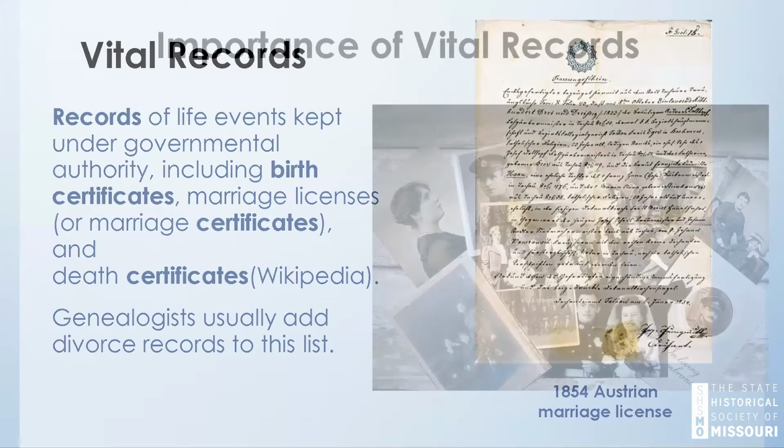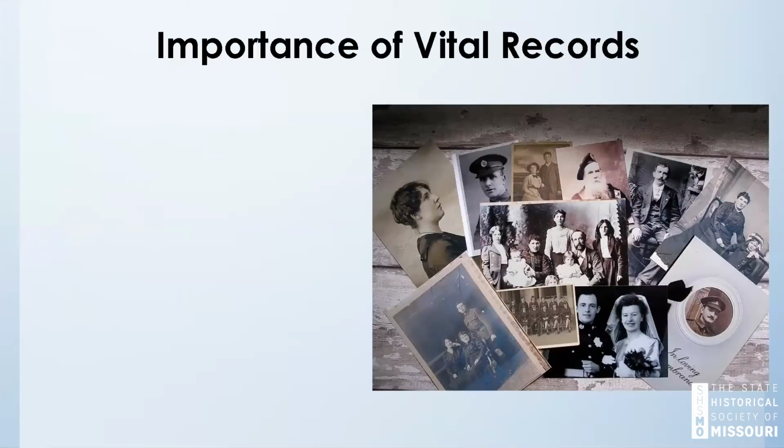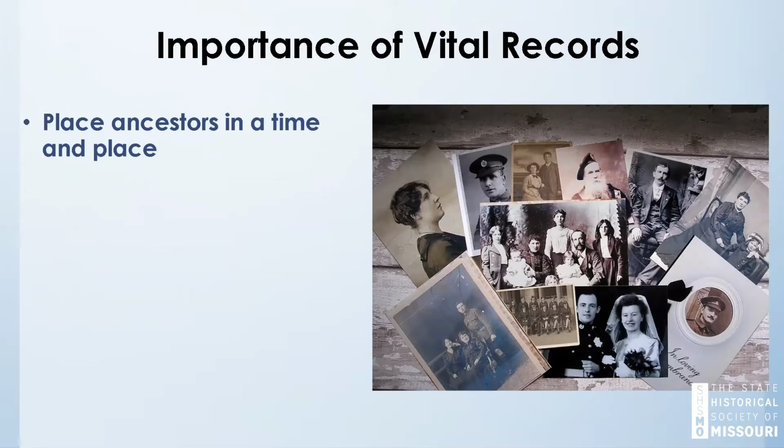Why are these important for us as genealogists? First of all, they'll place your ancestor in a time and place and location, which allows you to do further research, or maybe allows you to reject records that are a person of the same name but not your ancestor. They allow determination of errors, and a lot of times you'll get multiple dates pointed to from different sources.